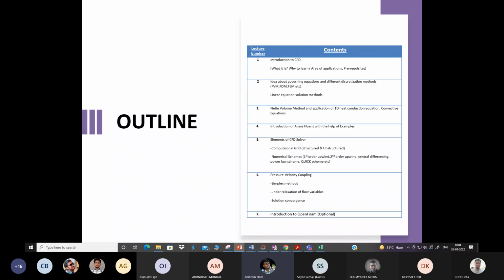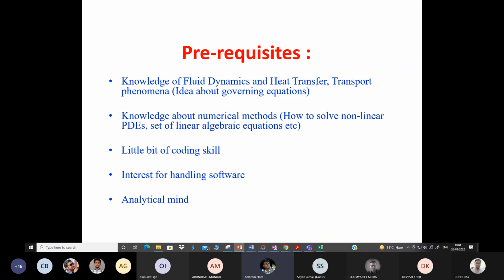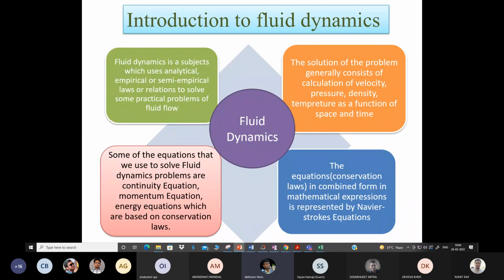As this outline suggests, the first lecture covered what CFD is, why to learn it, areas of application, prerequisites, etc. We also showed the steps and some case studies, in some industrial problems and some natural problems, of how CFD can be employed.